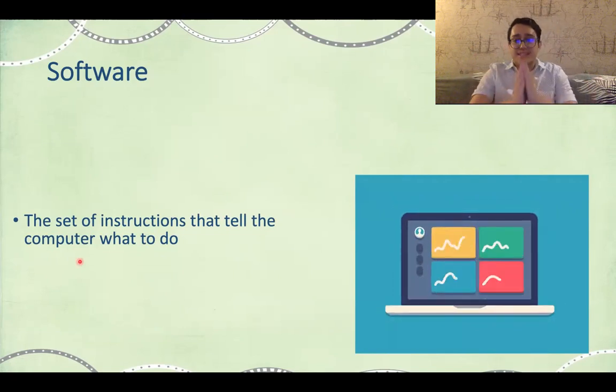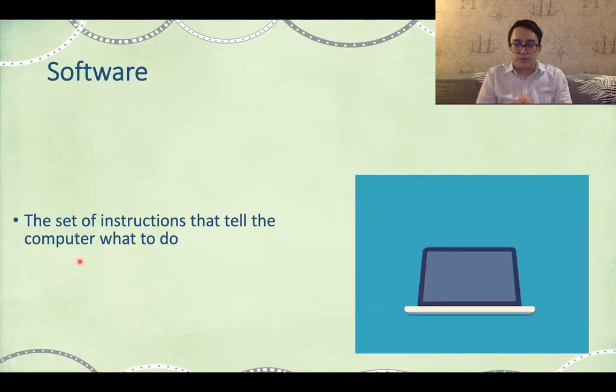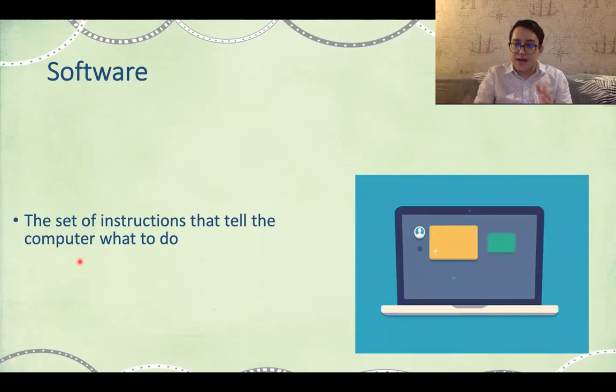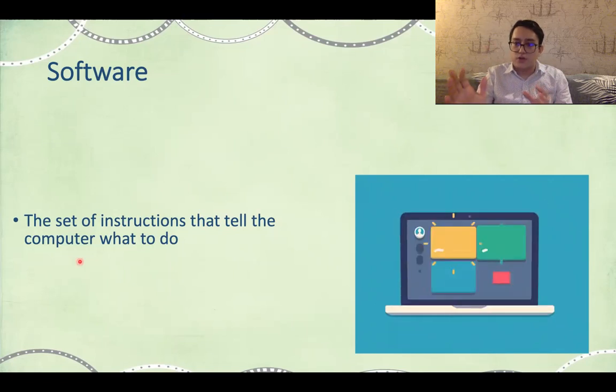So a set of instructions that tell the computer what to do. For example, you can tell your computer to close the video. You can tell your computer to play the video.